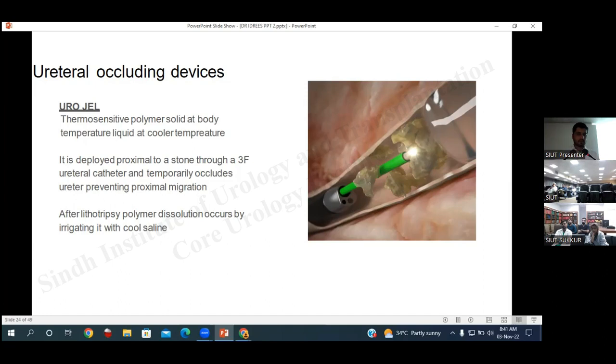It will not be retropulsed up to a certain extent. So whenever you have no technological device available, you can always make use of the xylocaine jelly. There is a paper from our country also about this usage of jelly.